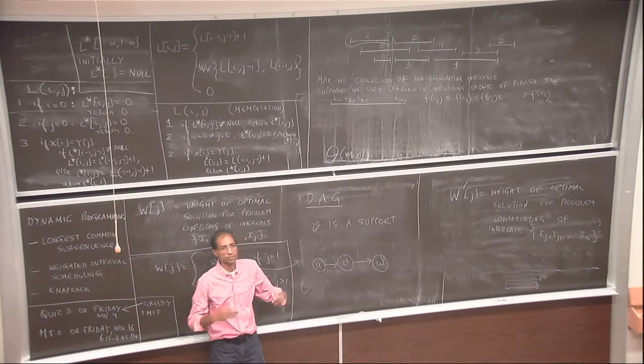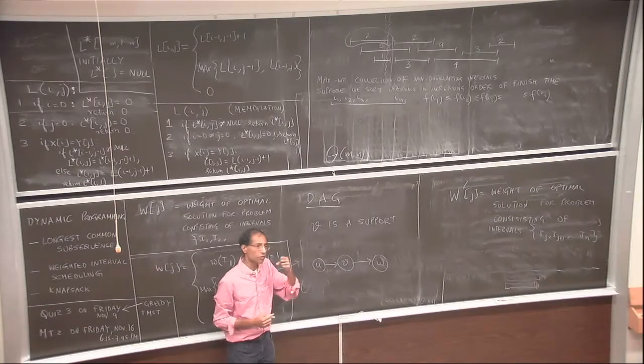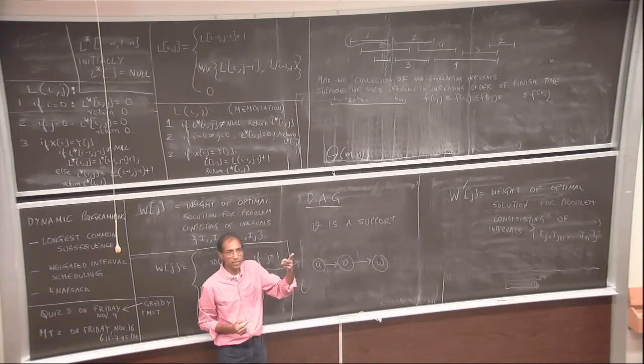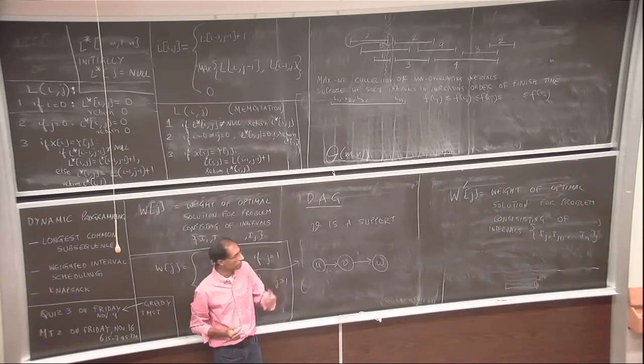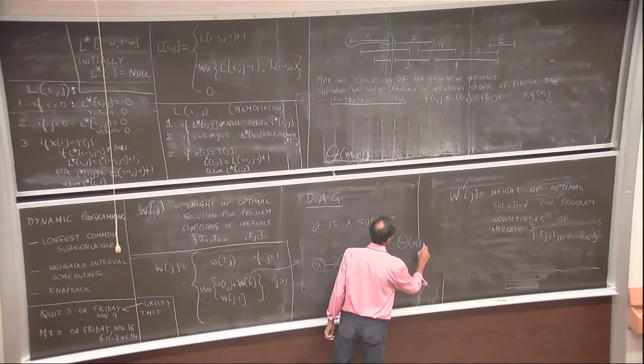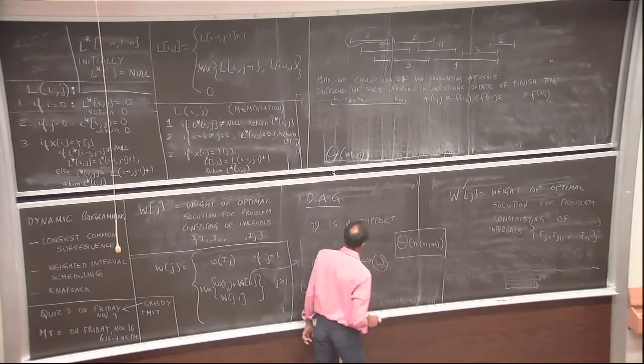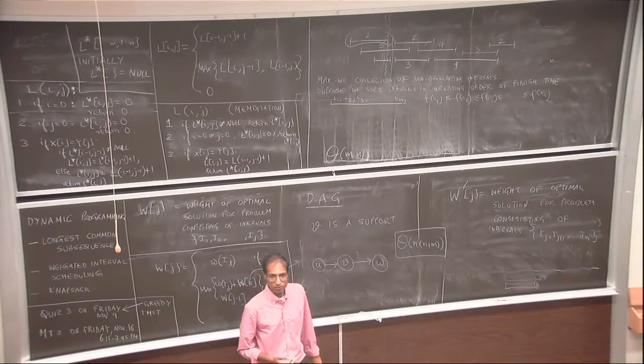If it does, then that is a support. So you could do this for every vertex. That's 2 DFSs, that is n plus m, but you would do this for every vertex, and that would be n times n plus m. But that's not the best way to do it.